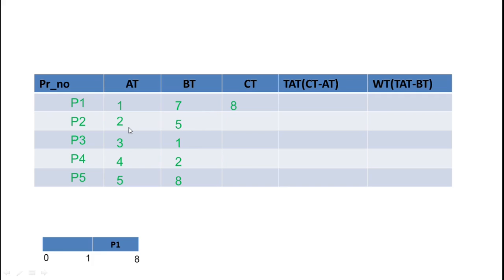Get it? Now at time unit 8, we have 4 processes, P2, P3, P4 and P5, and all are ready to execute.